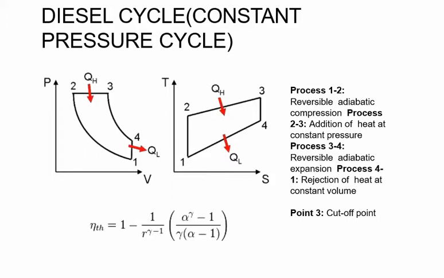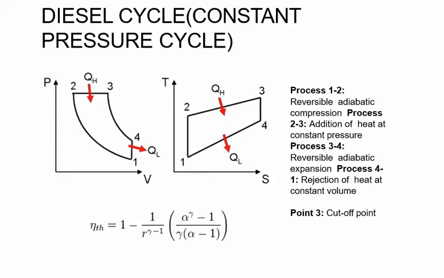The work that leaves the system is equal to the work that enters the system plus the difference between the heat added to the system and the heat that leaves the system. In other words, the net gain of work is equal to the difference between the heat added to the system and the heat that leaves the system.